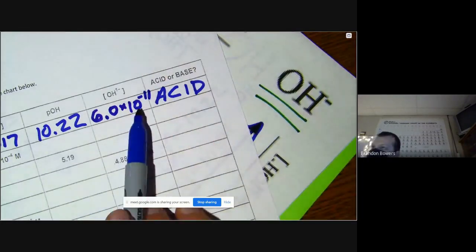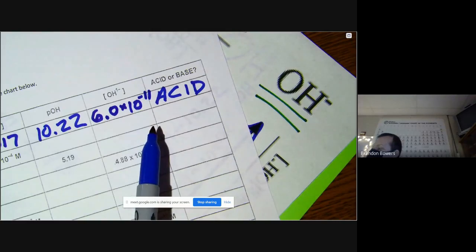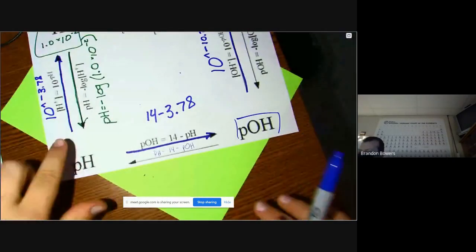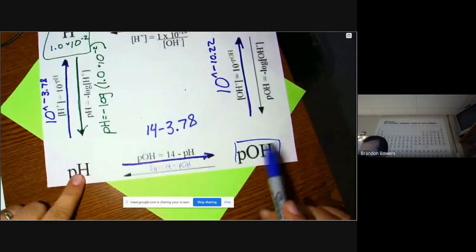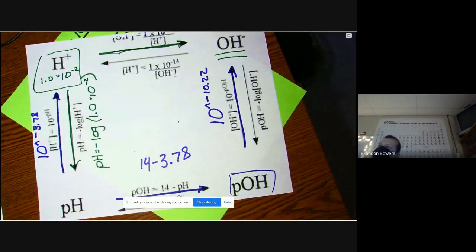Is that what everybody else is getting? So in this problem, we were given one thing, and we were able to solve the POH, the OH concentration, and the H concentration. That's pretty awesome.